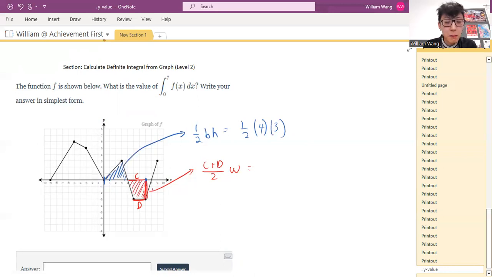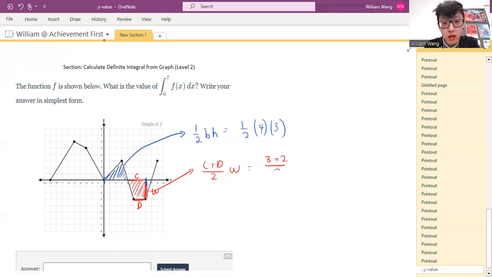W. So again, it might be easier to use triangles and rectangles because it is oriented kind of weird and it might be easier to make a mistake. But regardless, I will follow this. So my C goes from 4 to, let's see, that looks like 7, right? So my C is 3 plus D, that is 2 units.